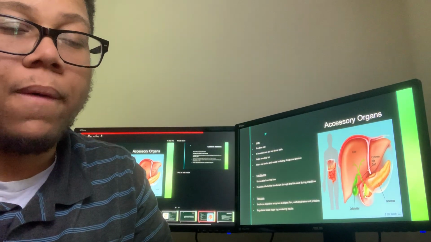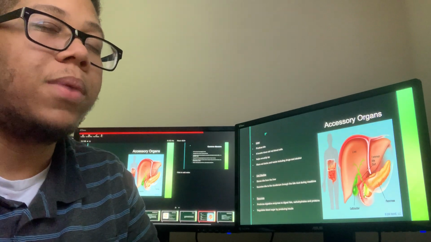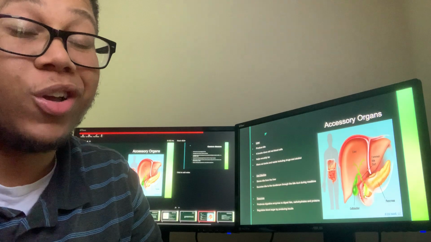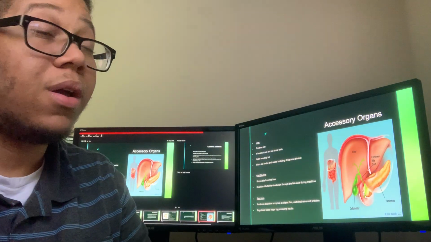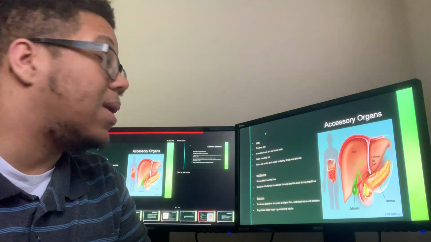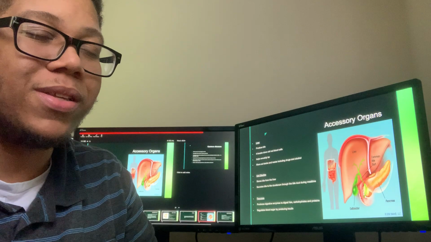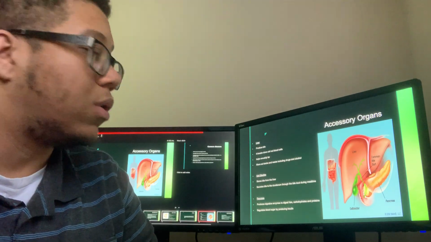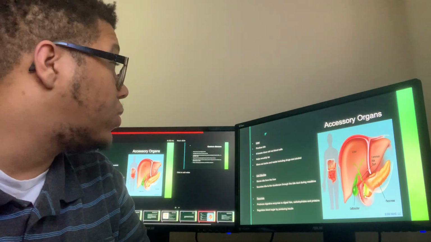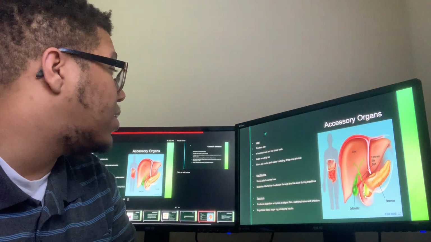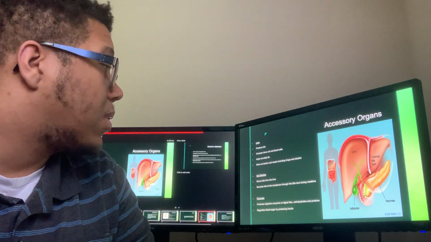I know I said there's multiple parts to the digestive system, but it also needs help from other organs, like the liver, the pancreas, and the gallbladder. The liver produces bile, breaks down old blood cells, and helps filter out toxins and waste.